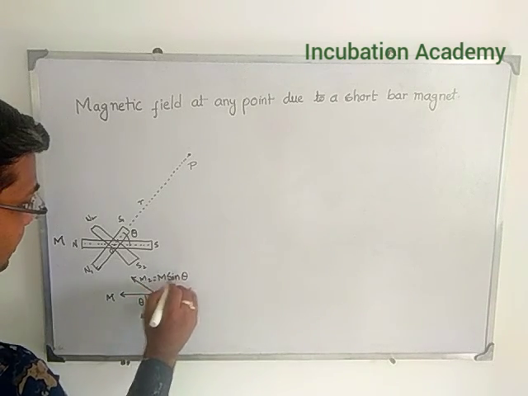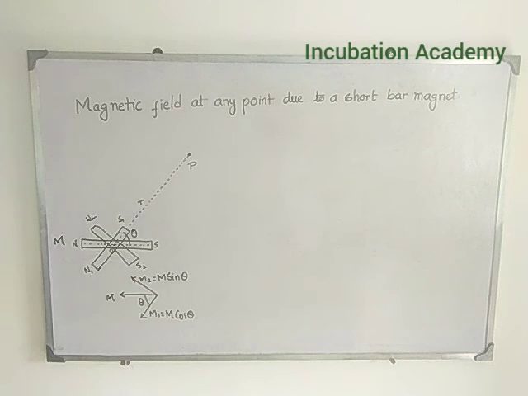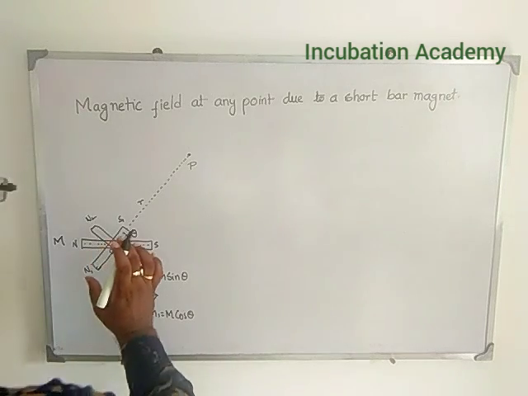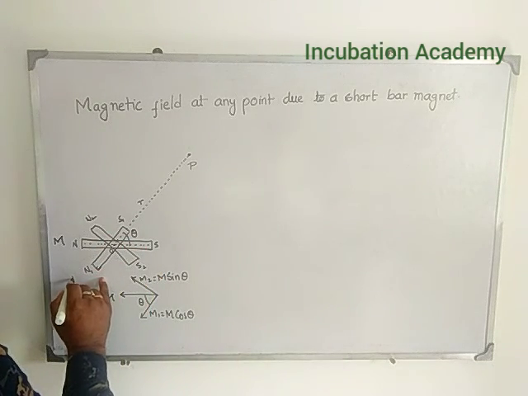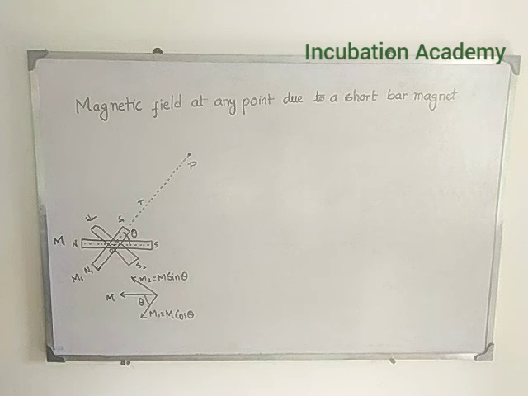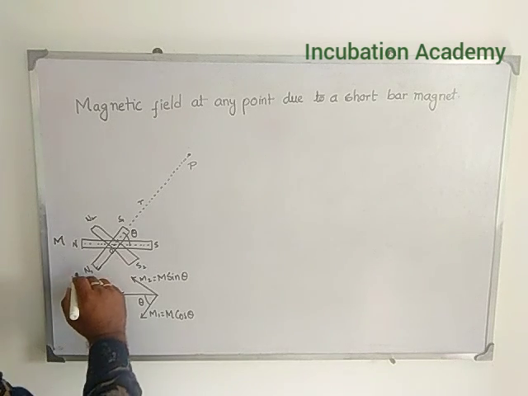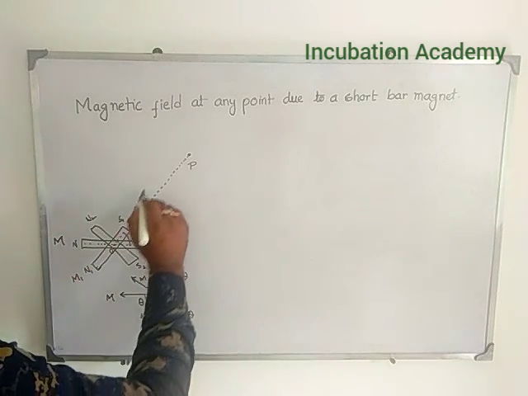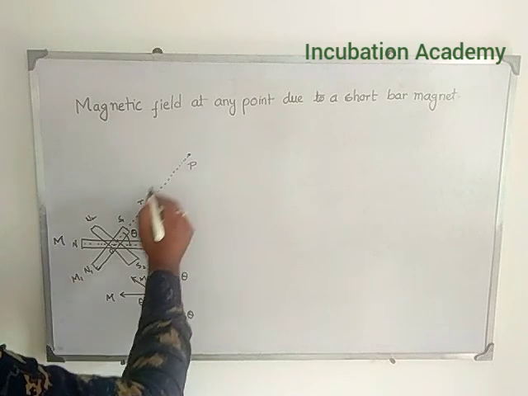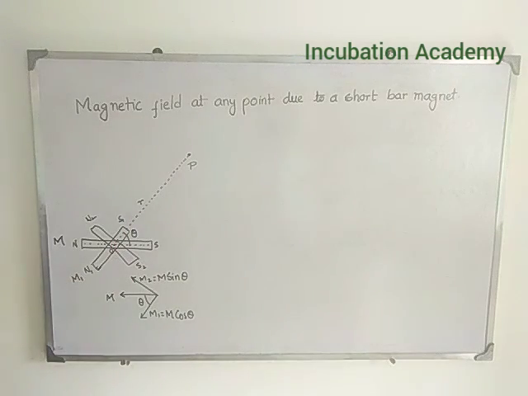So why have I done this? Because whatever we have learned previously, we are going to apply it here. Now let us consider a bar magnet of magnetic moment m1 placed here, and we have to find its magnetic field at the point P at a distance r from here.